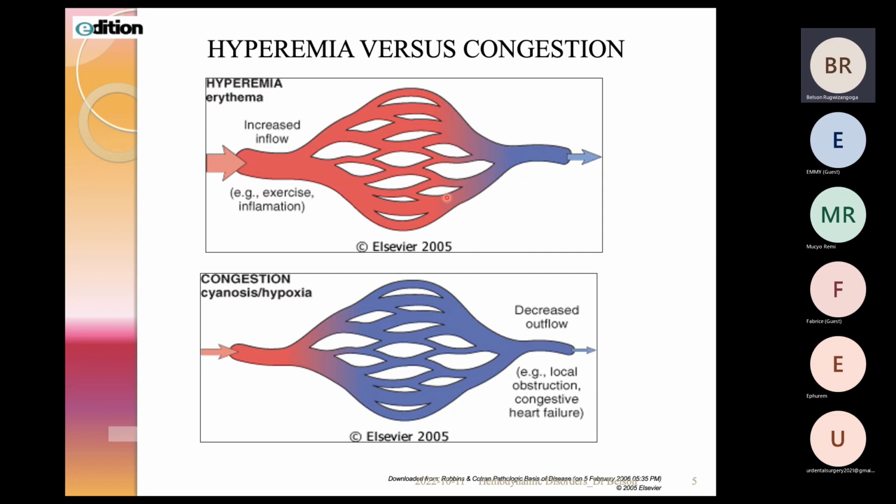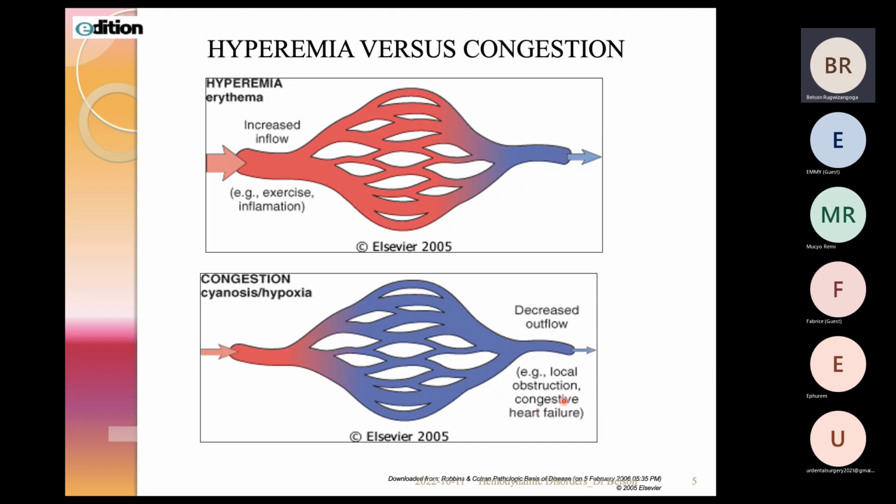While when it is hyperemia, it will be reddish because the blood here is oxygenated, here the blood is less oxygenated.